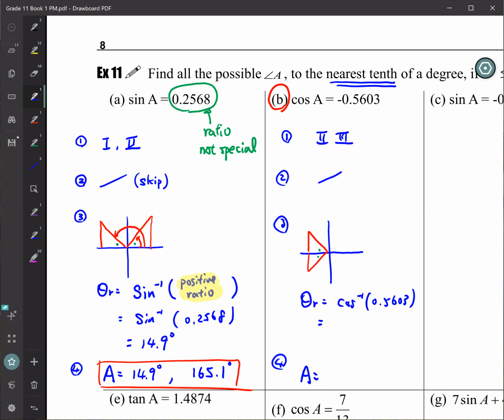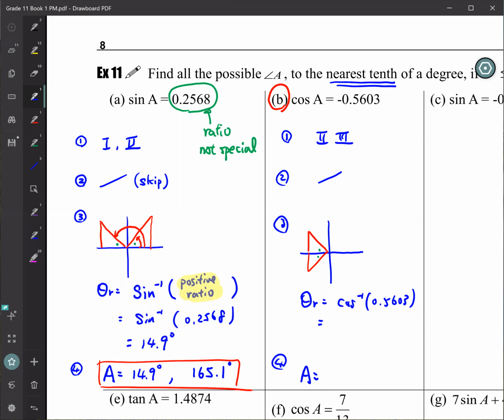It didn't work. Still doesn't work. You type in second and then cosine, right? Second function and then cosine, cosine inverse. Still doesn't work.